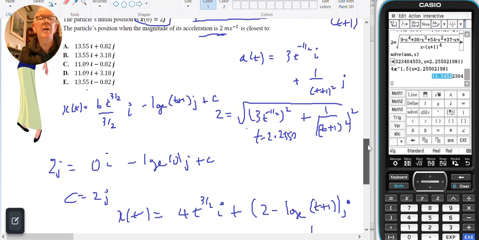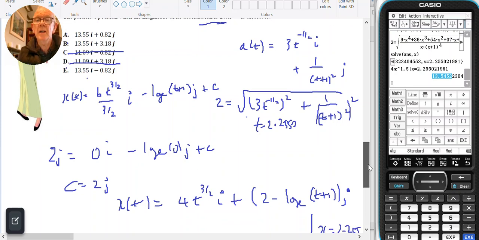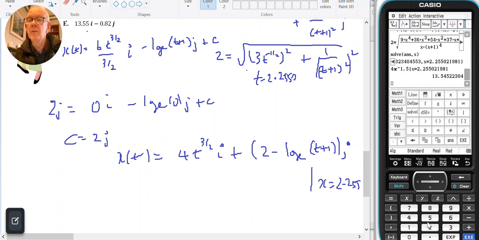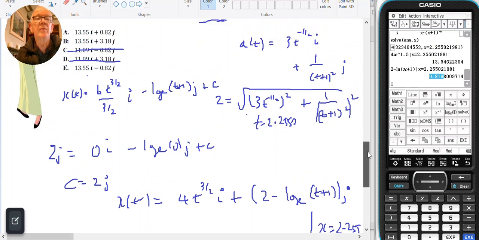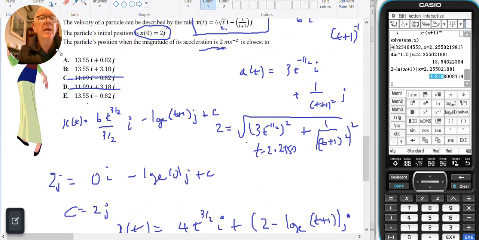So we've got rid of those ones, but it could be any of A, B and E. And the y coordinate is 2 minus logarithm of x plus 1 given x equals all of this, and that gives me an answer of 0.82 positive. So I'm looking at A. A lot of work for 1 mark.